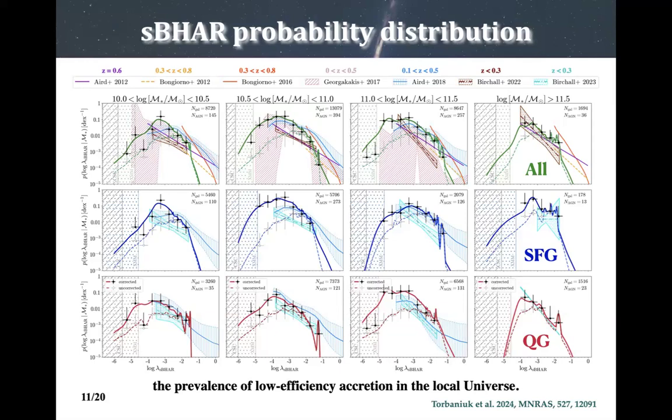But due to evolution, we know that there are not too many of them in the local universe. There's also an interesting fact here that at some point the probability distribution of black hole accretion rate starts to flatten or go down.